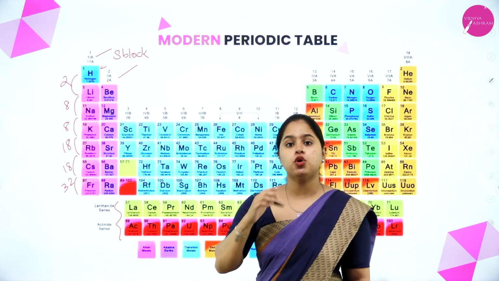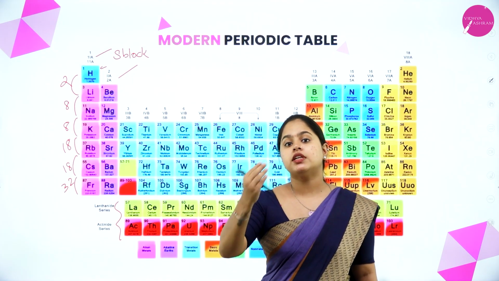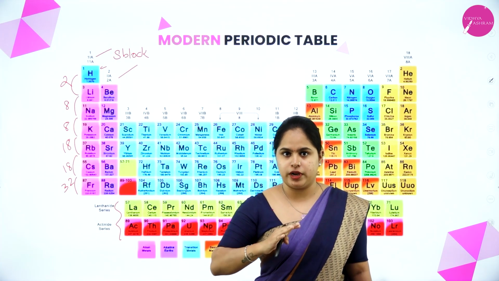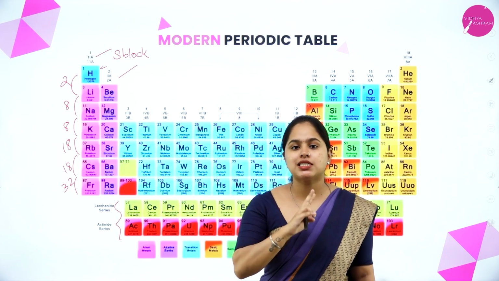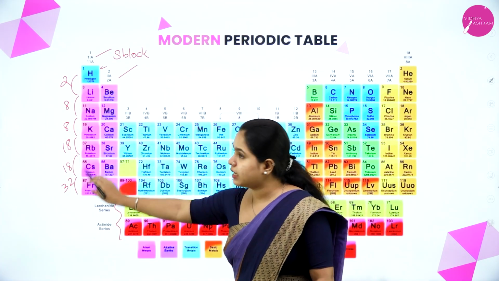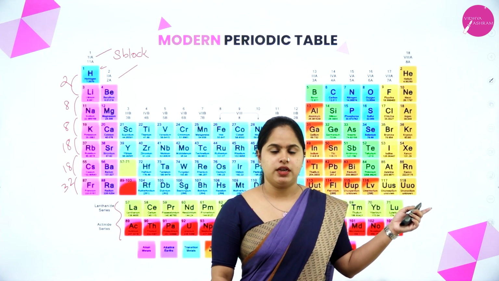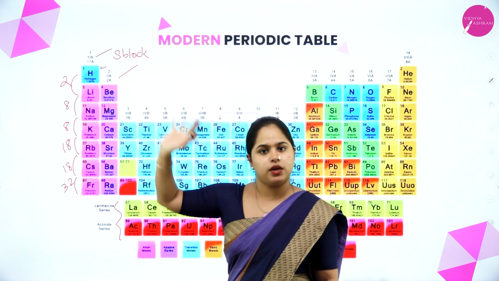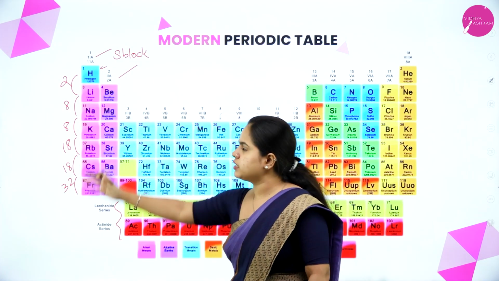In the case of hydrogen, only one electron is present. If it gains one more electron, it can form its octet, which is called a duplet in the case of hydrogen, as the maximum of 2 electrons can be accommodated. So it behaves as an alkali metal as well as a halogen. Both are possible, hence it is kept in a separate box on the top. So this is about S-block elements.